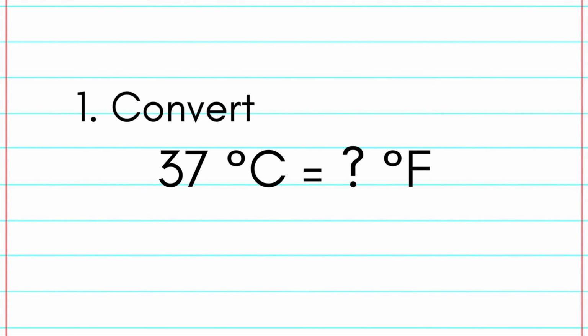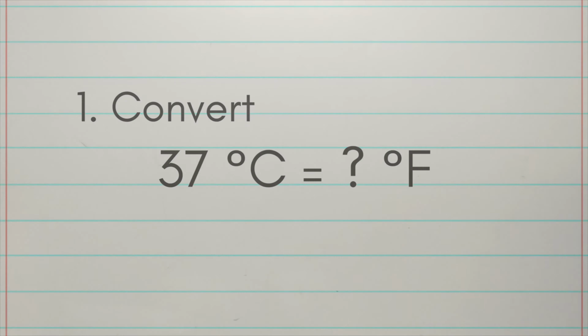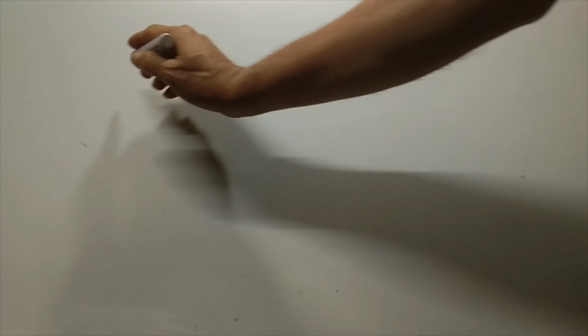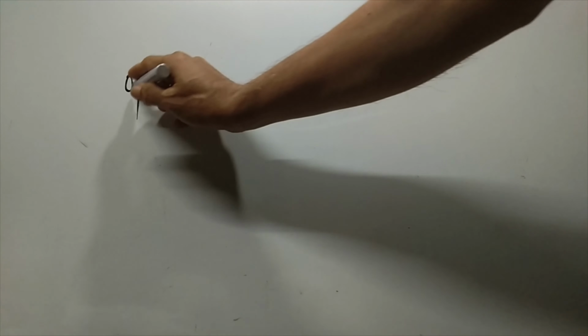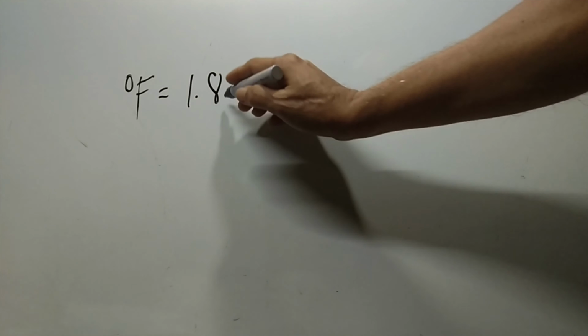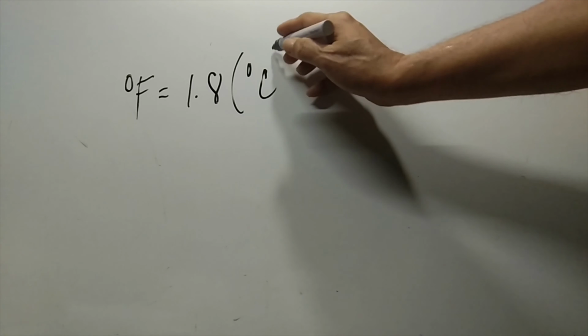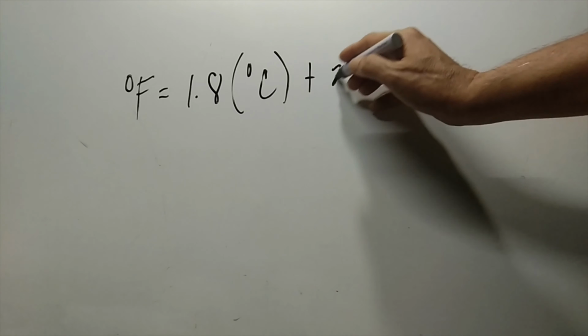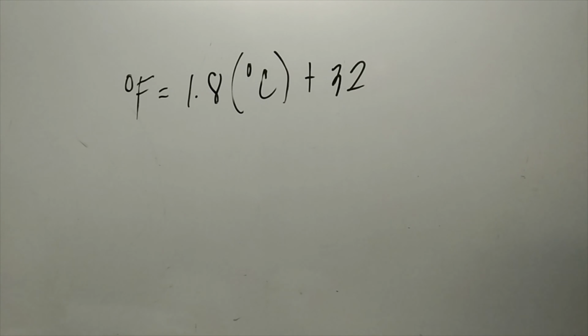Convert 37 degrees Celsius to Fahrenheit. To solve the problem, we'll be using the formula degrees Fahrenheit is equal to 1.8 times degrees Celsius plus 32. So, all you have to do is simple substitution of the given value to the formula.